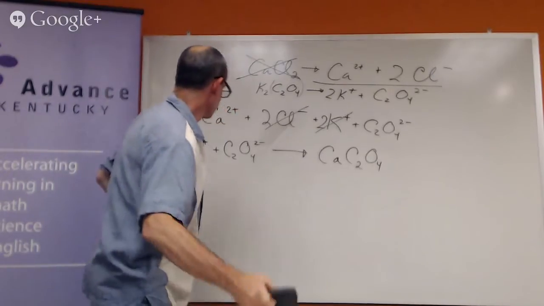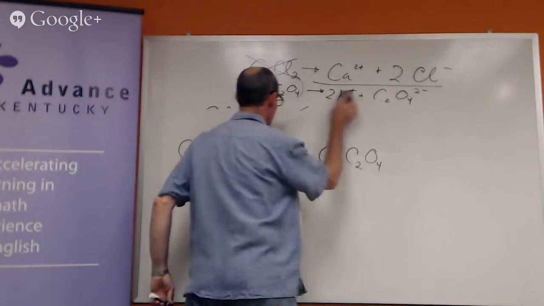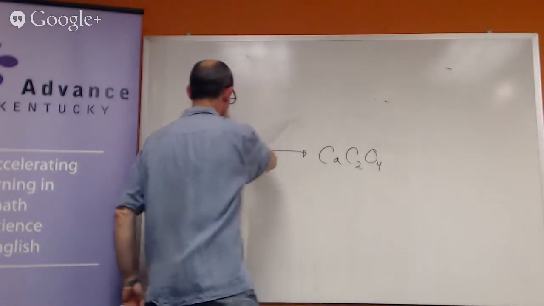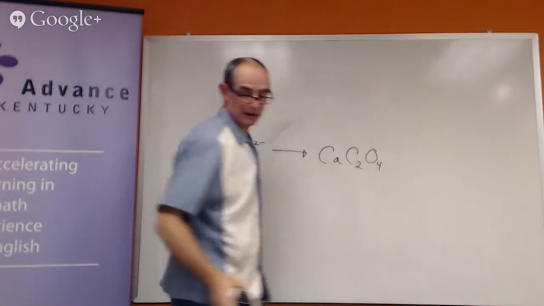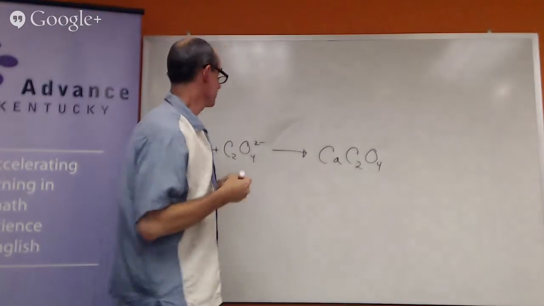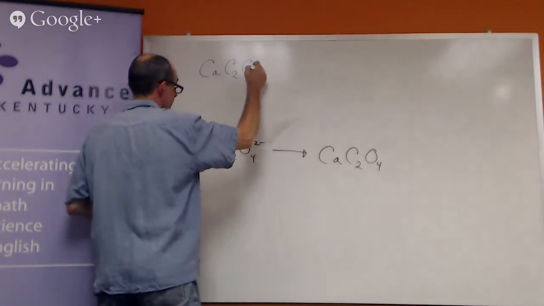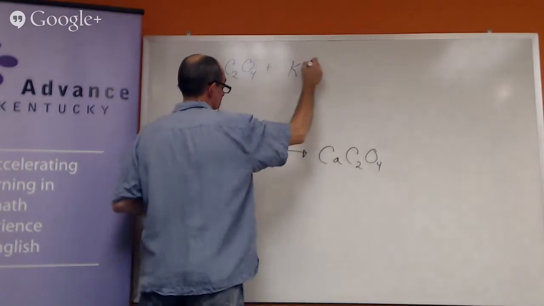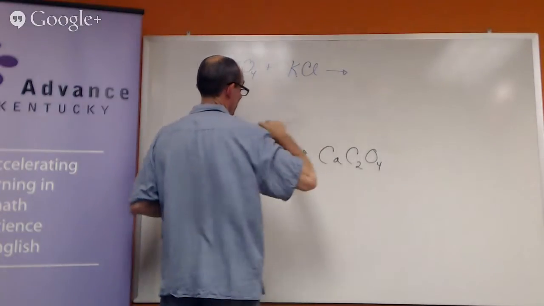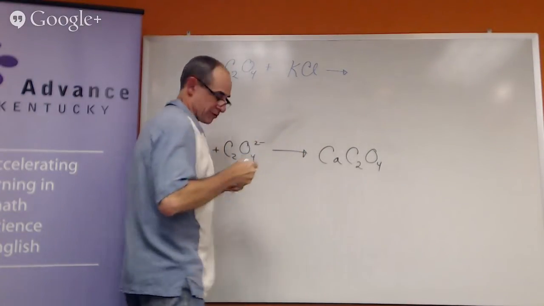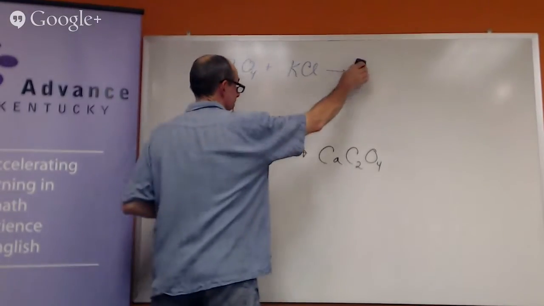And if I were to write the full equation for the same reaction, add that up here, I would write the molecular formula for calcium oxalate, potassium chloride. Oops, I'm sorry, those are the products. Let's try that again.